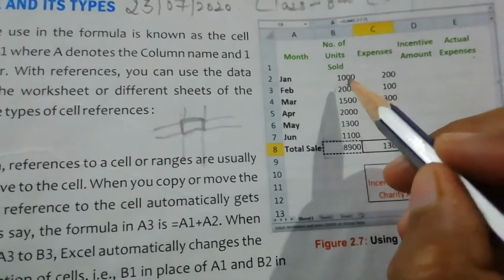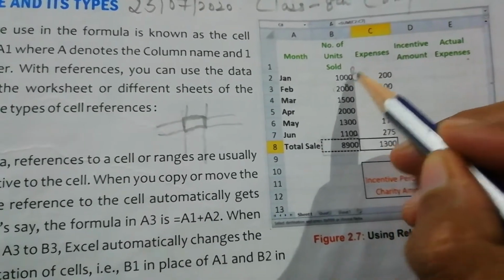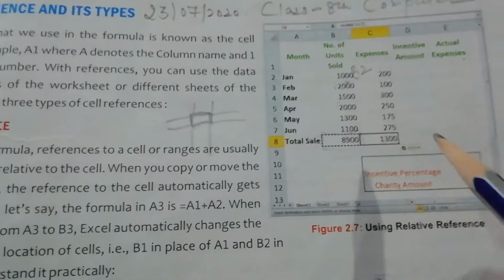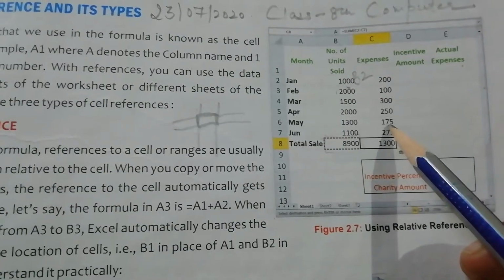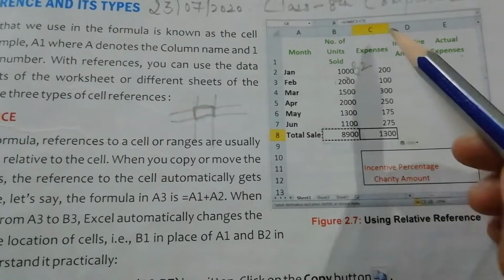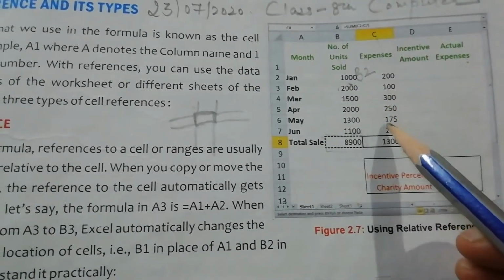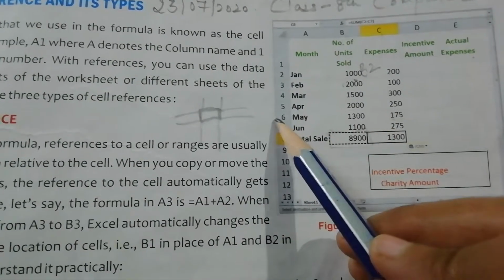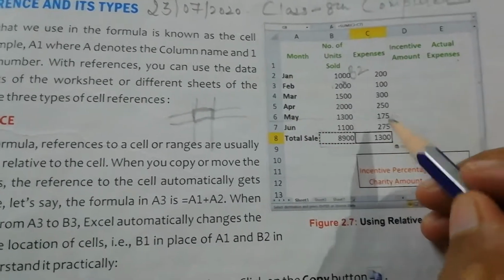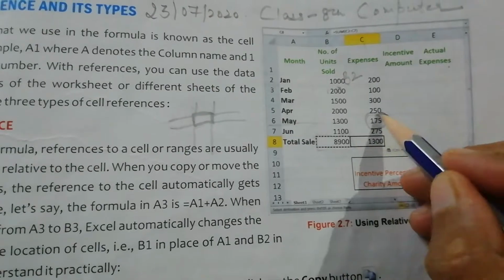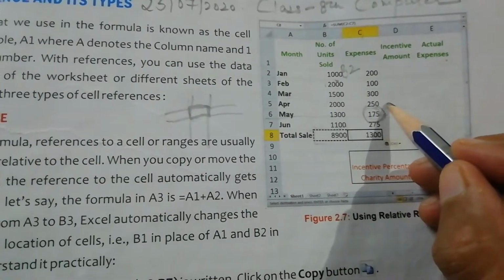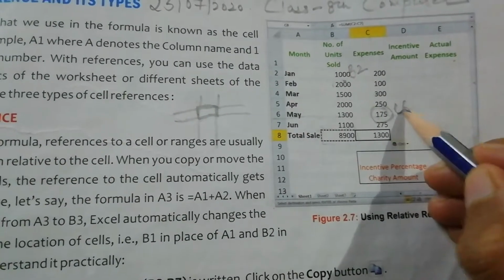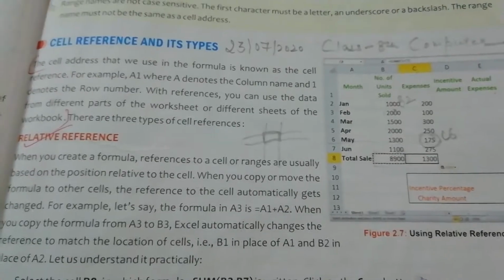So the cell address of 1000 is B2. If we talk about 175, what is the cell address? It's very good, C and 6. So 175 has the cell address C6. So this is cell reference.